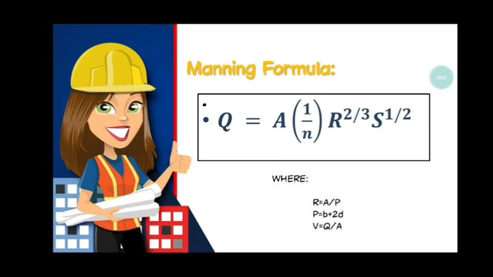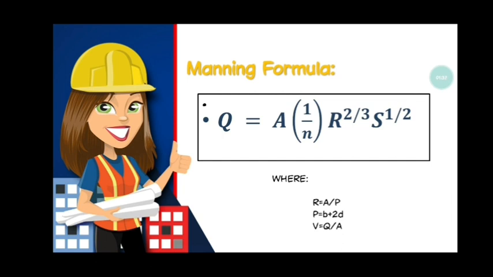In Manning's formula, Q is equal to A times 1 over N times R raised to 2/3 times S raised to 1/2, where Q is the discharge, A is the cross-sectional area, N is the Manning roughness value, R is the hydraulic radius, and S is the slope.